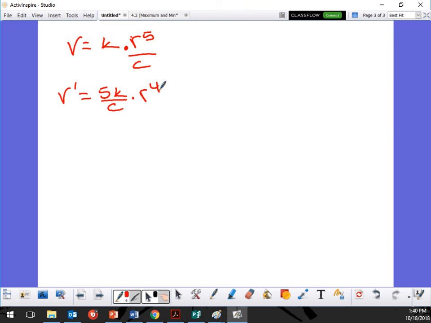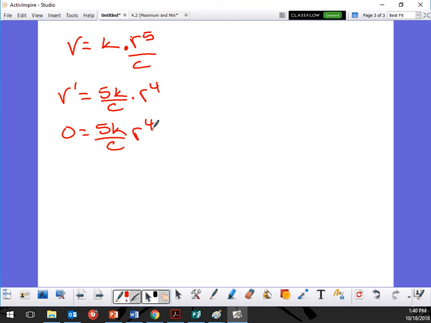All right, so because of that, let's go through and actually continue with this one right here. So I have that 5K over C. So now from here, I'm going to set this equal to 0. So it's going to be 0 equals 5K over C R to the fourth.